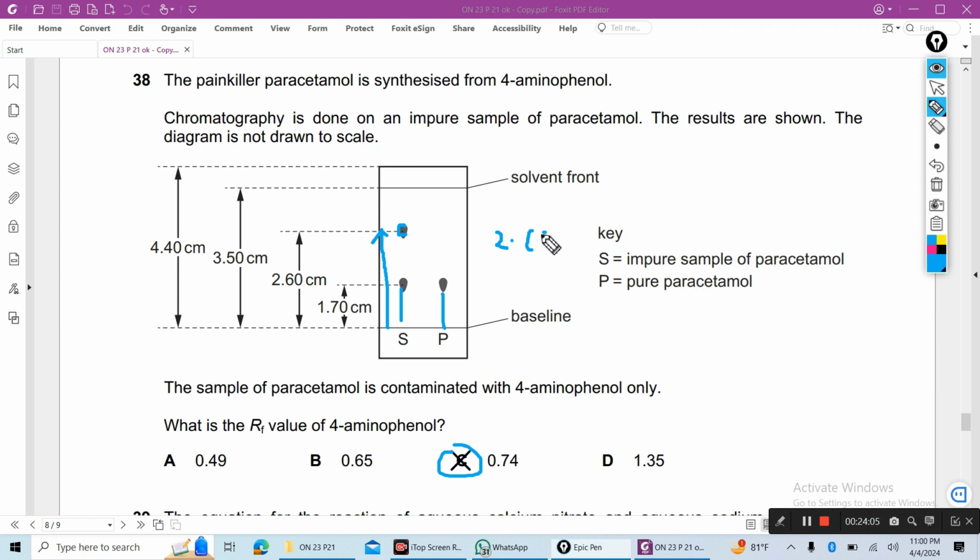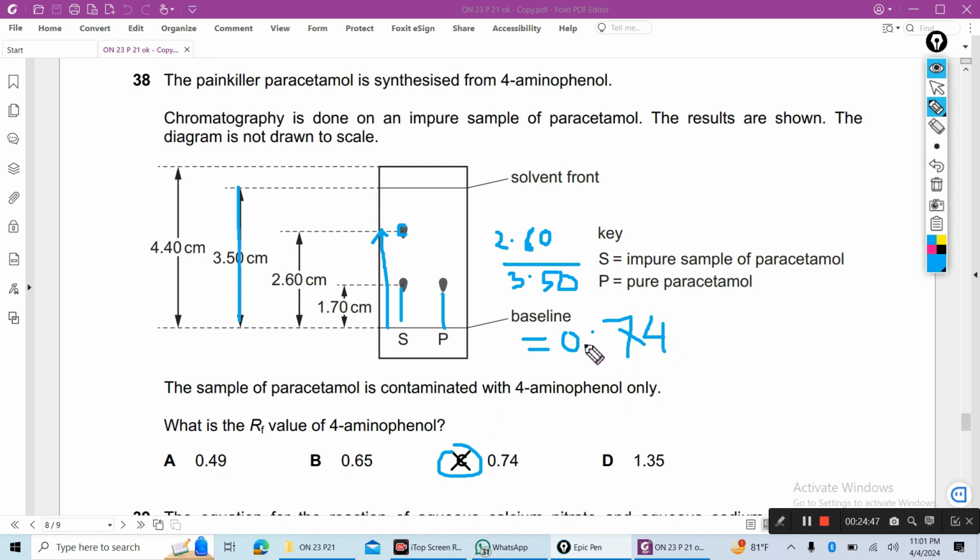Baseline to impure sample distance 2.60 divided by baseline to solvent front, from this to this, 3.5. So if you calculate, you get 0.74. The Rf value will be 0.74.